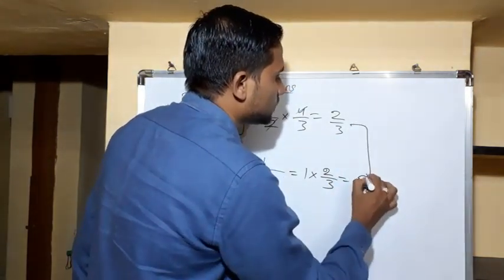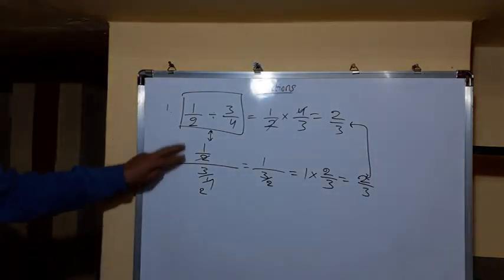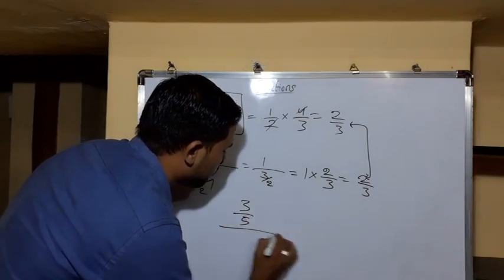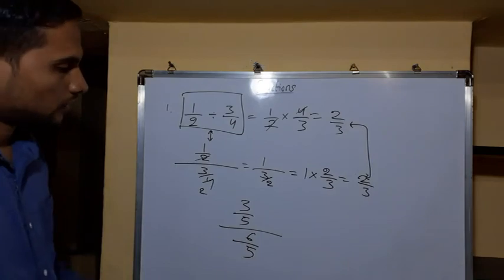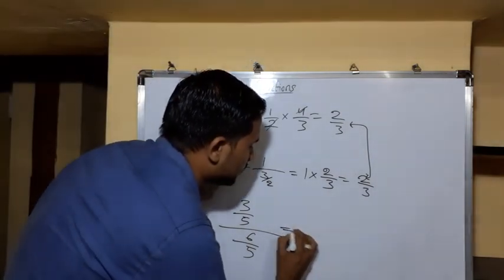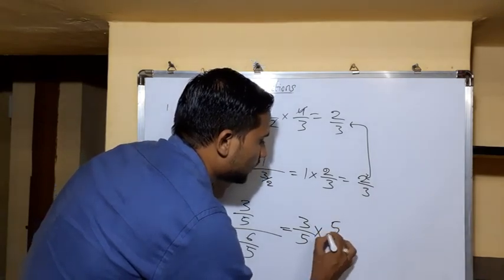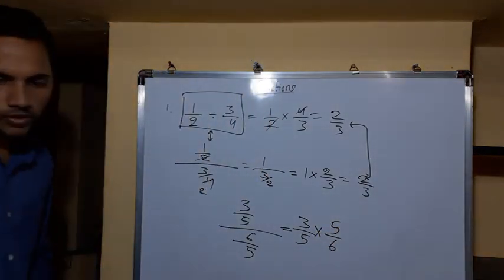See here, both are the same. Don't get confused, right? This is what I wanted to convey. Take 3 by 5 whole divided by 6 by 5. How will you write this? You just write 3 by 5 into 5 by 6. Understood, friends? How to do it?